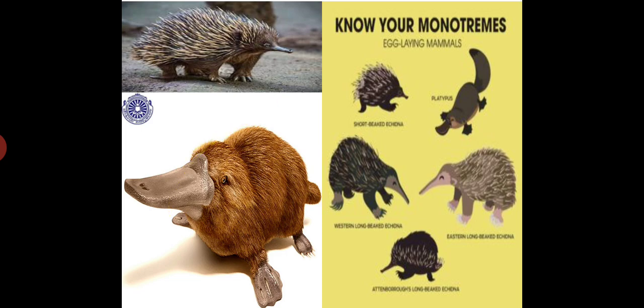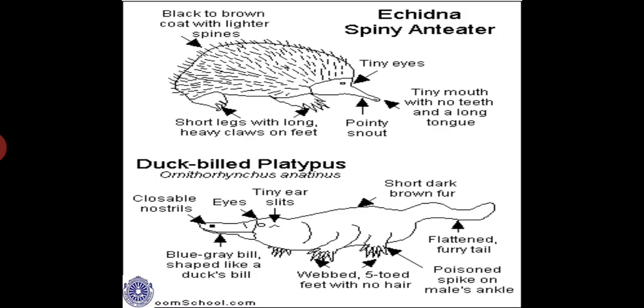And here on the right-hand side you will see a variety of examples of this Monotremata. And this is another slide showing you the different parts of these 2 main examples of Monotremata: the spiny anteater, that is Echidna, and the duck-billed platypus, which is nothing but Ornithorhynchus anatinus.